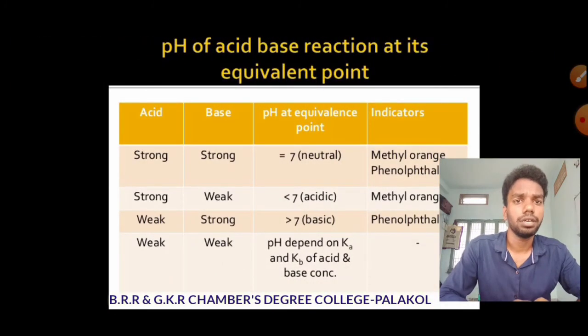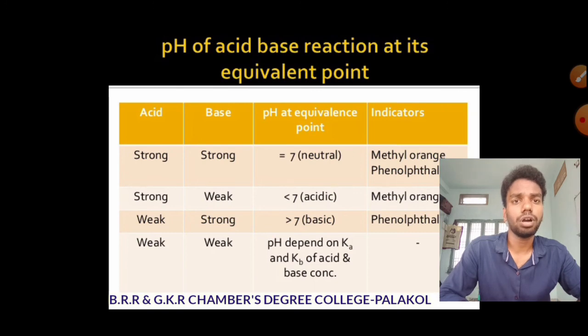The first one, strong acid and strong base, both are strong, that is HCl and NaOH. Both react, which gives NaCl plus H2O, a neutralization reaction. H plus from HCl and OH minus from the base NaOH.